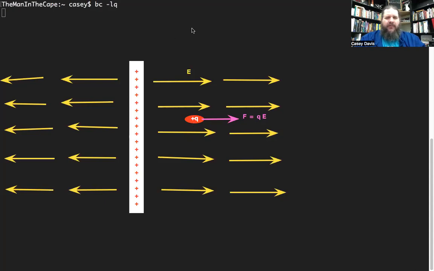On the other hand, what if we put a negative charged object here? If we change this to a negative charge, what difference would that make? The force should be in the exact opposite direction.